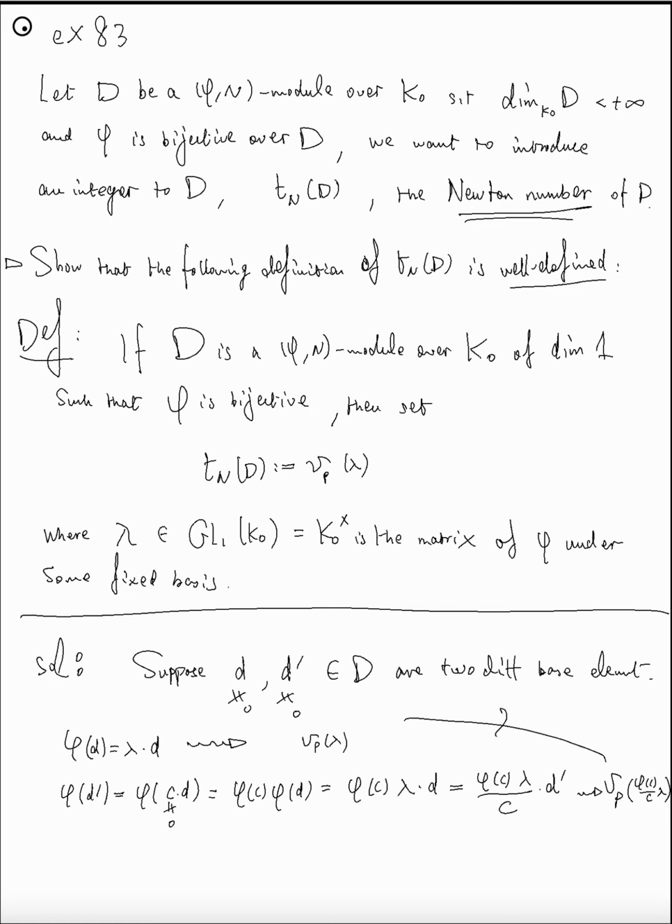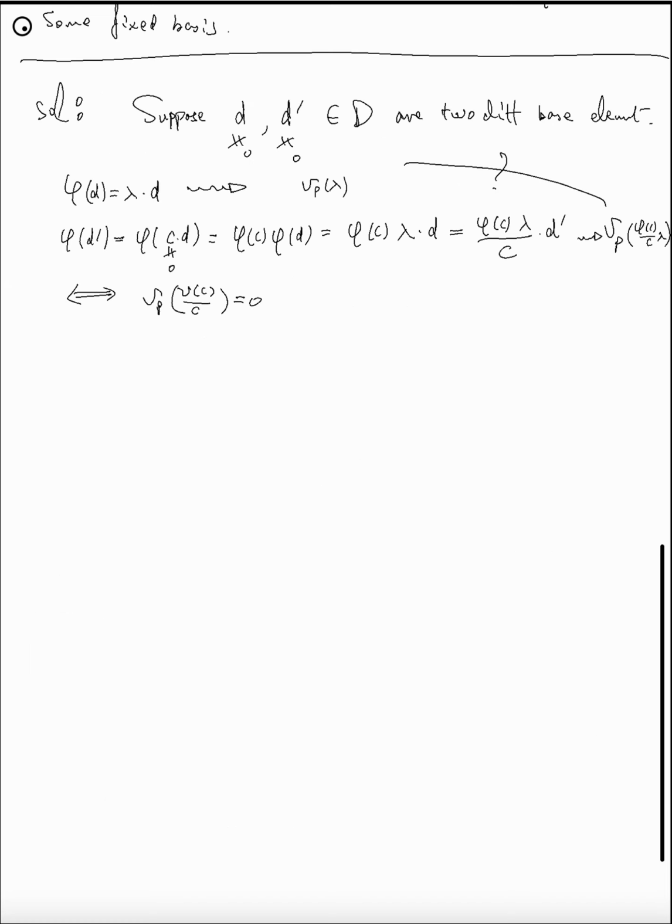Basically the question is, are these two the same? So we claim that it suffices to check that vp of phi c over c equals 0. This is true because we know this Frobenius has the same p-adic valuation as c.